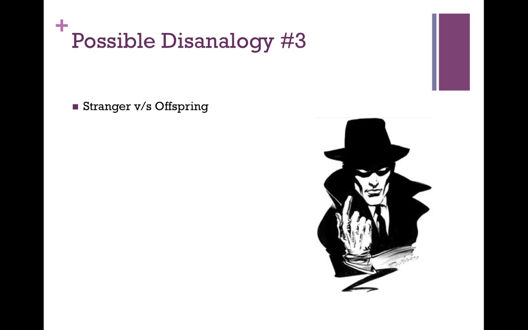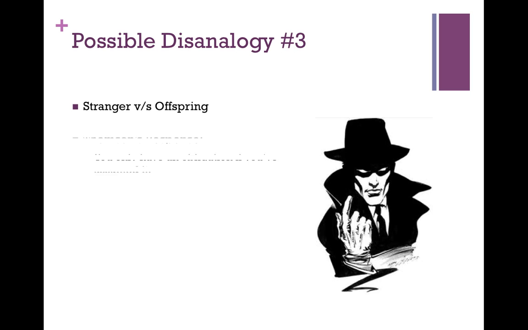Another kind of possible disanalogy that people bring up, and this will be the final one we discuss, is that they say, well, a big difference between the violinist and a case of abortion is that it's a difference of stranger versus offspring.